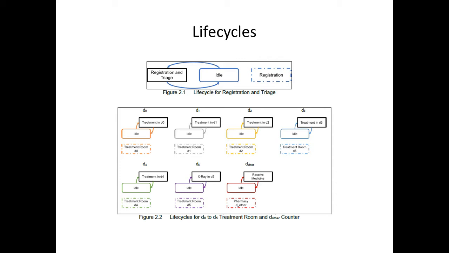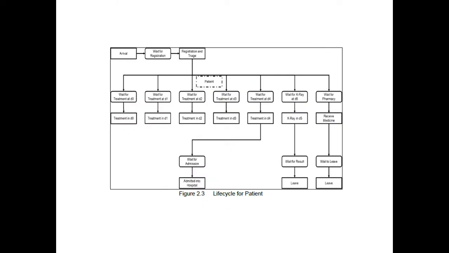Patients who arrive will be given the service when the register counter is idle, otherwise they will have to queue for their turn. Figure 2.2 shows the life cycles of other entities involved, which is pretty much similar to the concept before. Figure 2.3 shows the life cycle of a patient, which I will further explain in the activity cycle diagram.